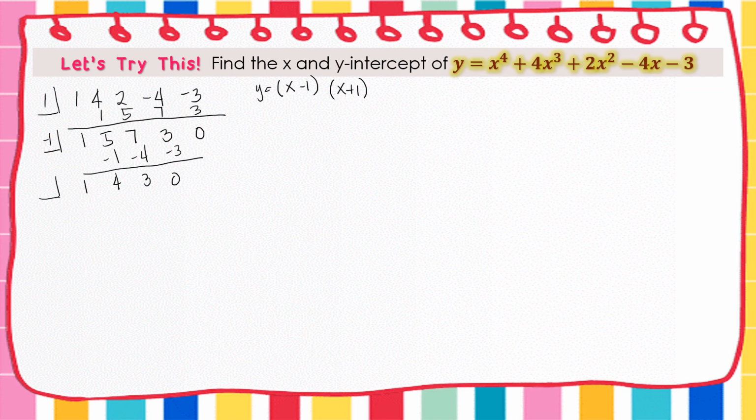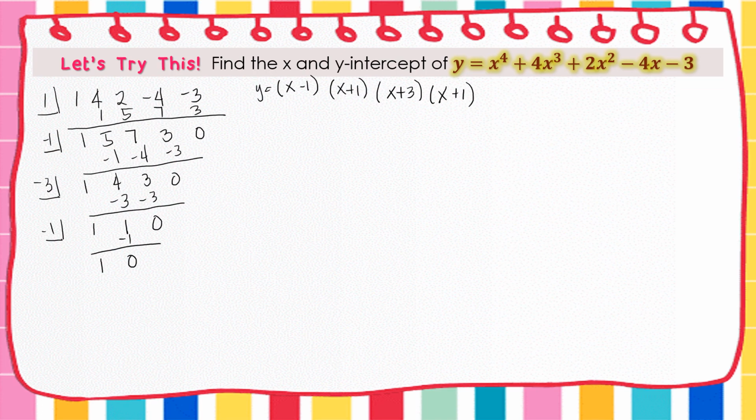Next, I'll try negative 3. 1, negative 3, 1, negative 3, 0. The other factor, x plus 3. And the last one, negative 1. 1, negative 1, 0. X plus 1.